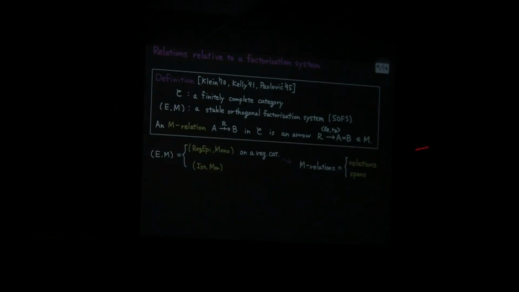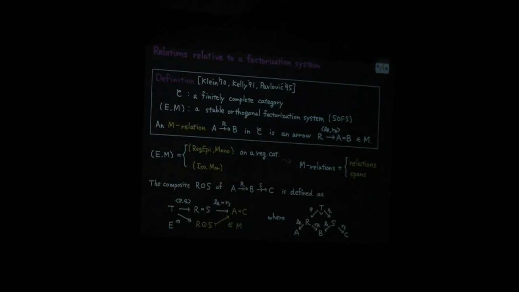If you take the factorization system consisting of regular epimorphisms and monomorphisms, then you will have usual relations as M-relations. If you take the trivial factorization system whose right class includes all the morphisms, then M-relations become spans. And as with usual relations, we can define the composition of M-relations.